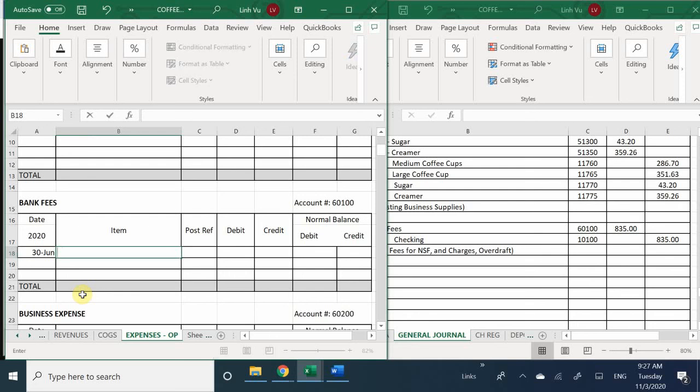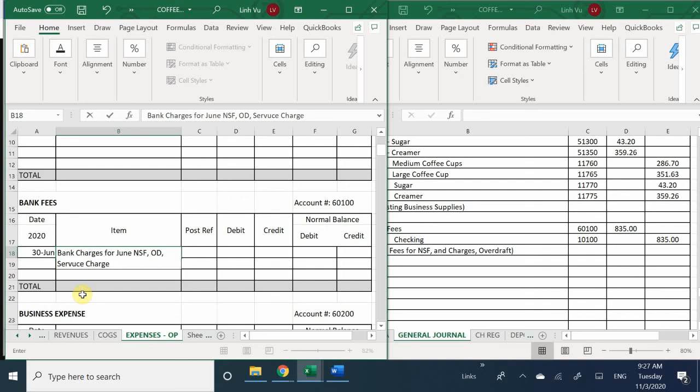And in this case, I would do the checks. NSF, overdraft and service charge.